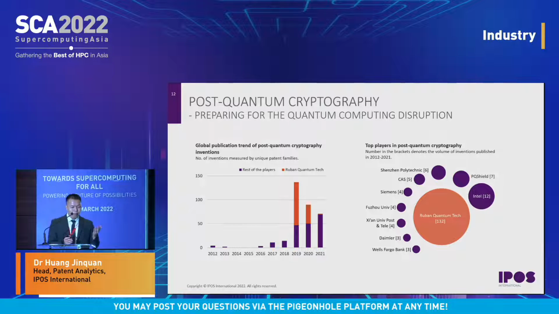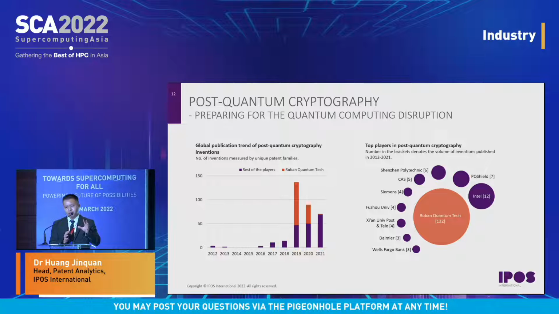We also see top players like Intel, PQ Shield from UK, and other companies like Siemens and Daimler. But we noticed that a large portion of it actually comes from academic research, mostly from China. Shenzhen Polytechnic, for example, Chinese Academy of Sciences, Fuzhou University, and Xi'an University.